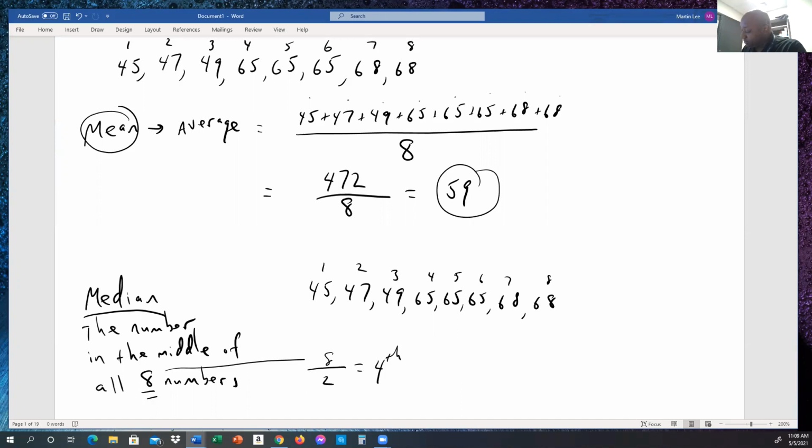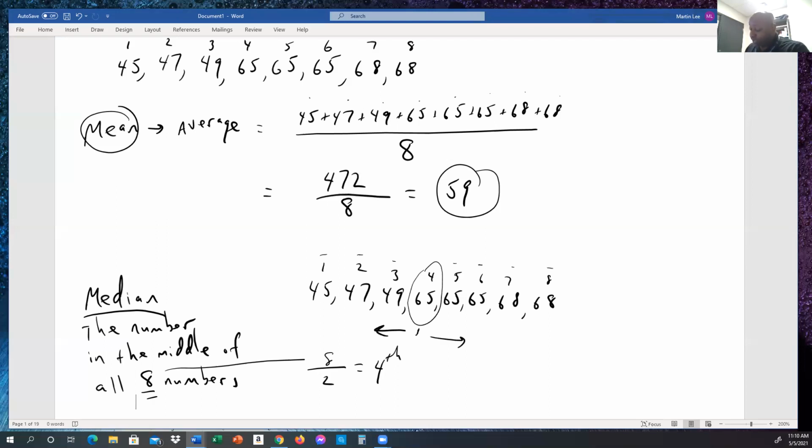So my fourth number is here. So what we want to do is we want to look to the left of what I just circled to see how many numbers we have. 1, 2, 3. And now look to the right, see how many numbers we have. 1, 2, 3, 4. Now for this to be the median, I have to have the same number of numbers to the left of this and to the right.